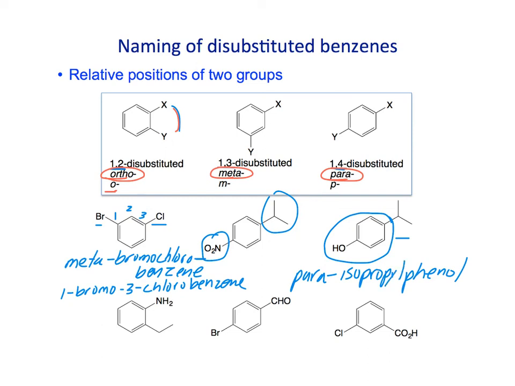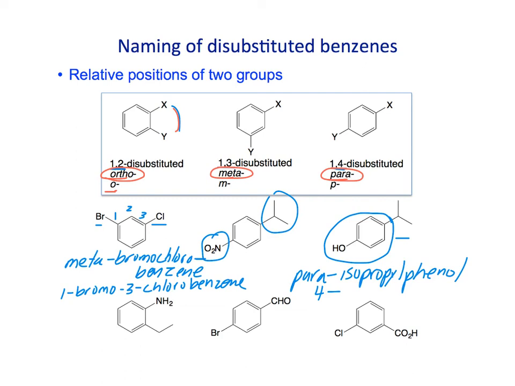It tells what the relative position of the isopropyl is compared to the functional group that's part of the name. Or we could call it 4-isopropylphenol. Either one is fine.